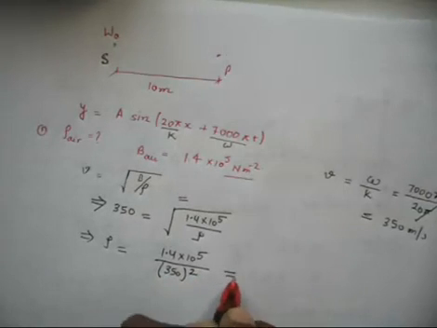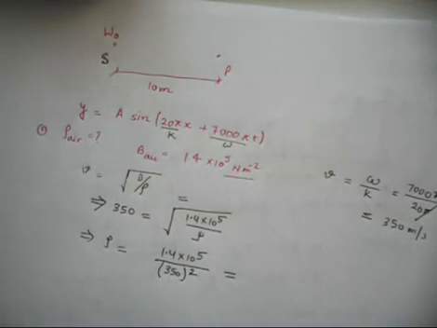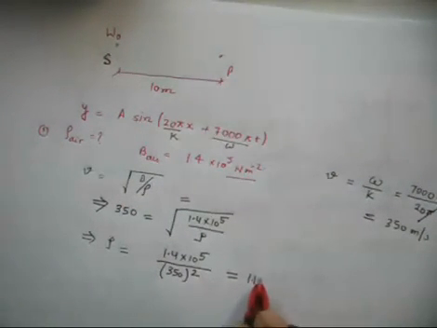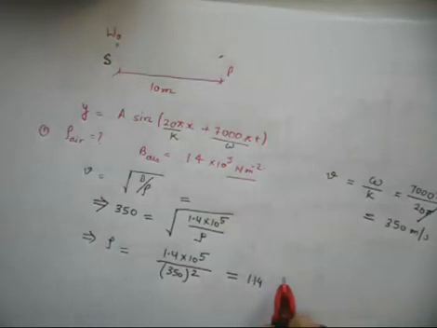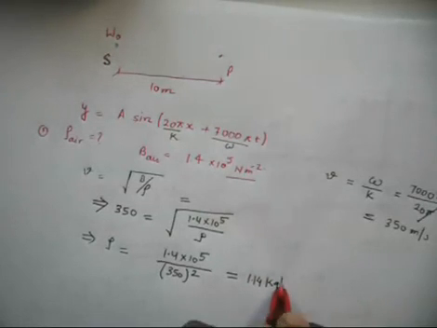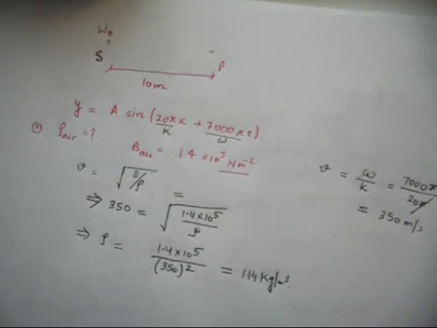Now if I calculate using the calculator, this value comes out to 1.14 kg per meter cube. You also have to check, and if the answer is not coming, please contact me.